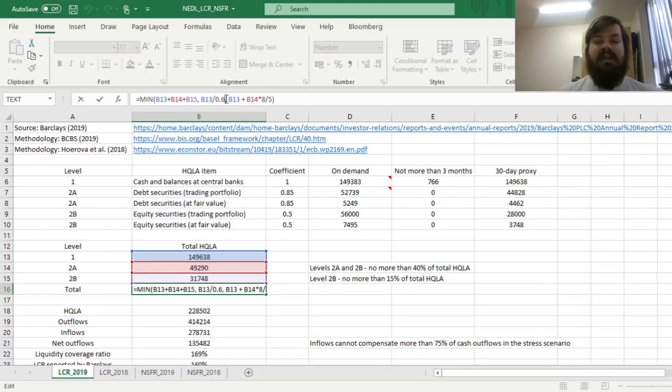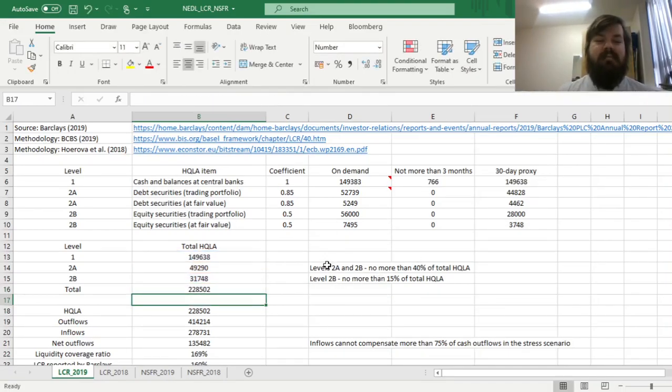And if it is the case that level 2A and level 2B do provide less than 40%, but level 2B is overweighted, we can account for that by this particular adjustment, by adjusting our level 2A assets so that there is 40% of level 2 assets in total, and only 15%, so 15 and 25%, are level 2B and level 2A respectively. This adjustment makes sure that we comply with all of these additional regulations imposed by BCBS on our HQLA stock. And this is the numerator of our liquidity coverage ratio.